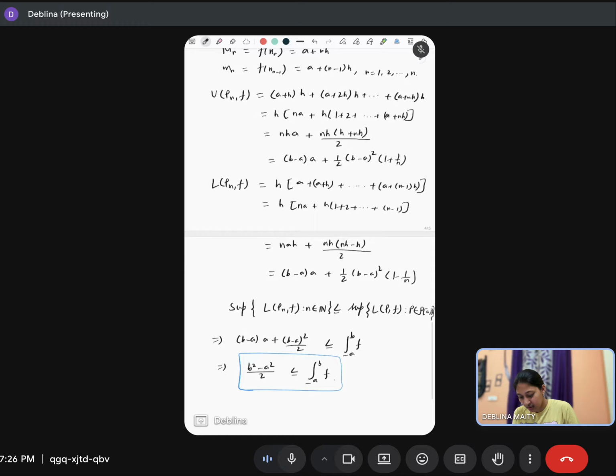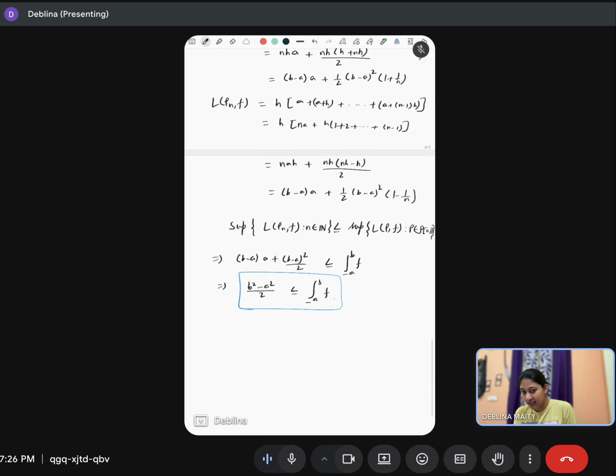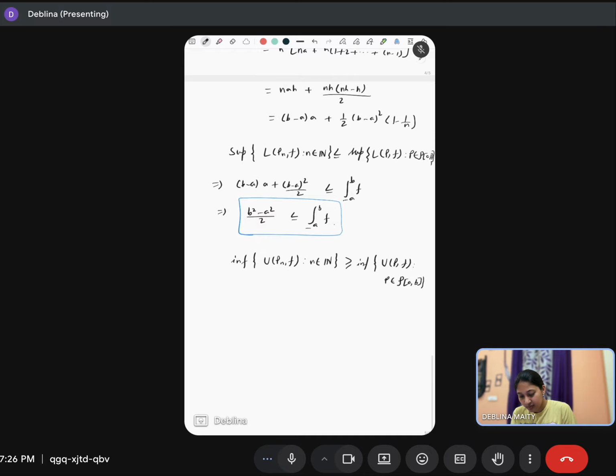Now let's go to the U(P,f). So we are taking the infimum of this, right? So the infimum of this U(Pn,f) will be greater than or equal to the infimum of U(P,f), where P belongs to P[a,b], right? Because on the right hand side the set is bigger, so the infimum is lesser.